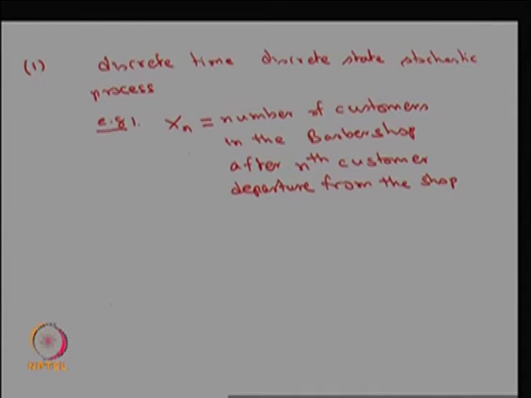So, here suffix n will form a parameter space. Therefore, the T can be the possible values of n.